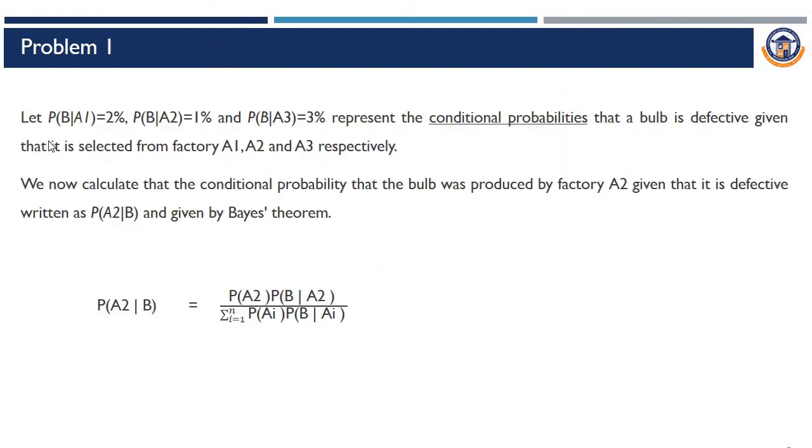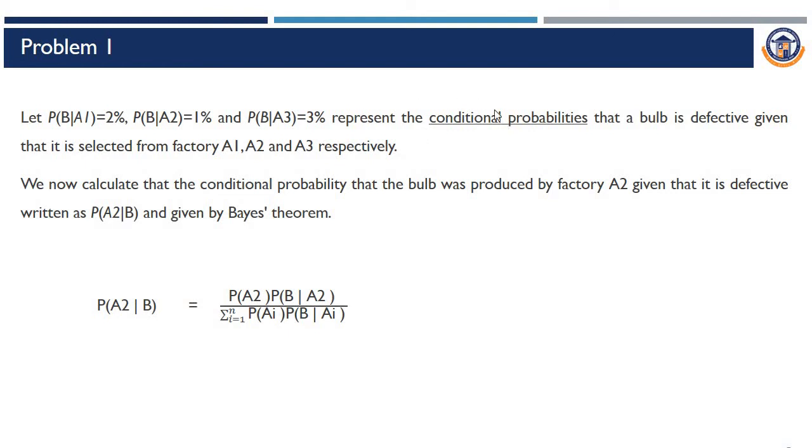So the probability of a defective bulb from factory A1, that is P(B given A1), is 2%, P(B given A2) is 1%, and P(B given A3) is 3%. These are the defective bulbs from factory A3.